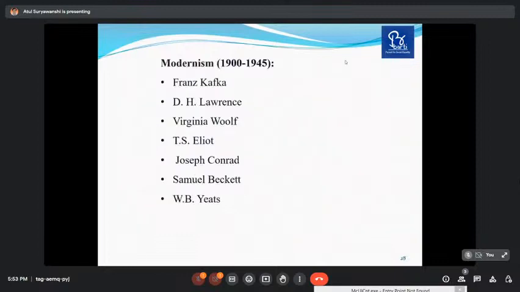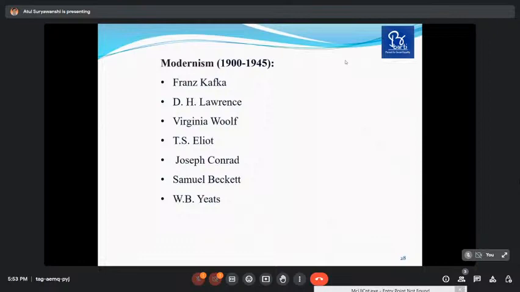So let's proceed further towards the recent ages. Modernism, which began around 1900, actually after the First World War, and lasted up to the end of the Second World War, meaning 1945. These are select figures, and these are approximate dates.